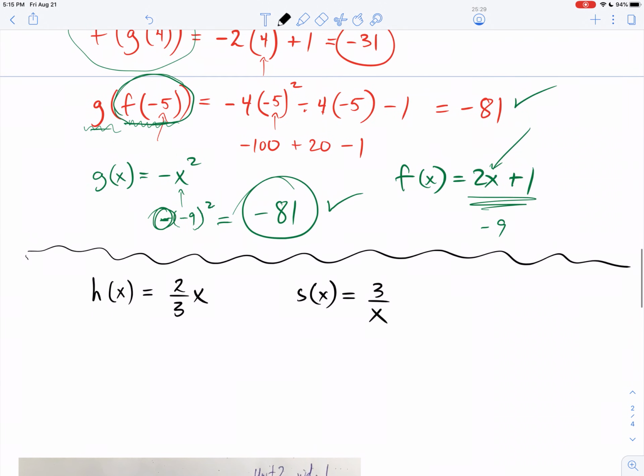And that is what I have. So here we go. Let's suppose I want to do S of h of x. That means 2/3 x is going to get plugged into S of x.